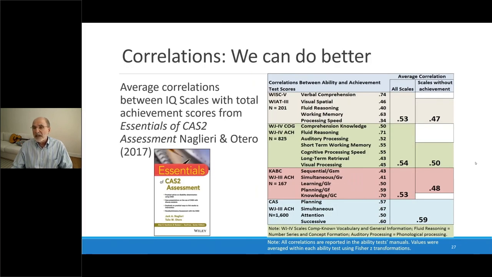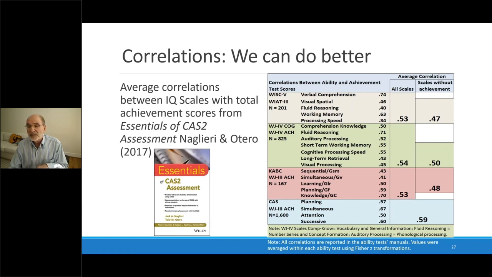Now, in my book that I published with Tullio Otero, we present evidence that if you compare the correlations between all the different traditional tests with achievement and a non-traditional test, the CAS, with achievement, using basic psychological processes actually correlates higher with achievement than these other instruments do.